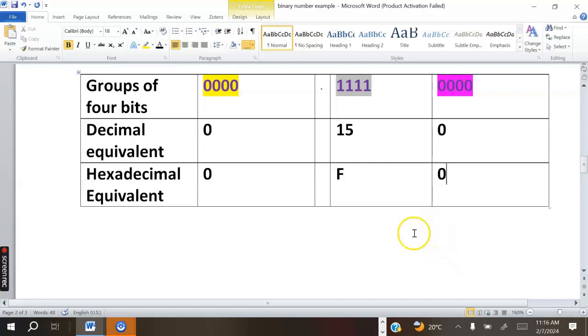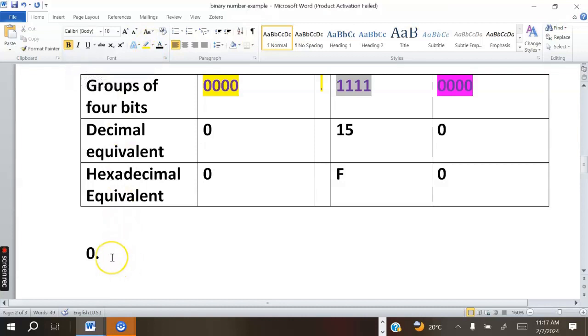Okay, having done that, the next step is now to write the answer. The answer is supposed to be 0 point. Don't forget the point. This is the point where we have the point.